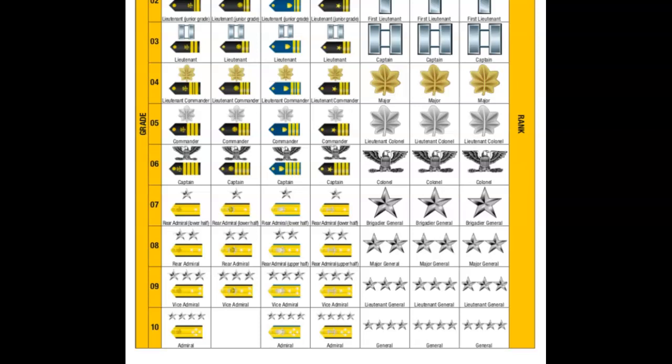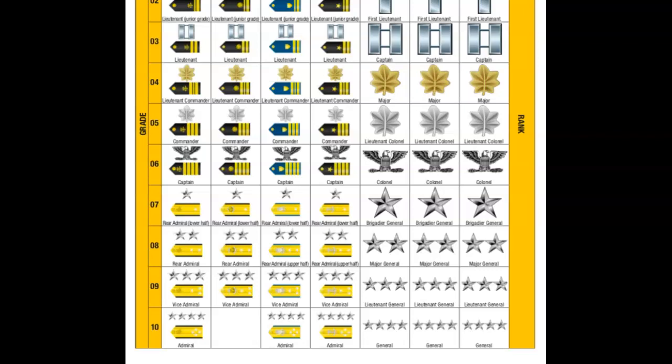And then grade 7 through 10 are the admirals and generals, and there are 4 levels of each. So at grade 7, the sea service rank is rear admiral, lower half. In the land services, it's brigadier general. At grade 8, the sea service rank is rear admiral, and for the land services, it's major general.